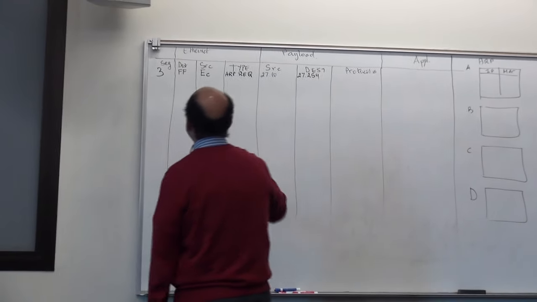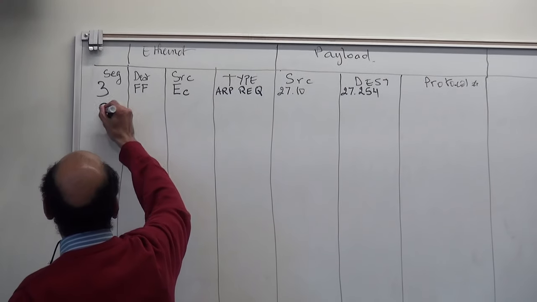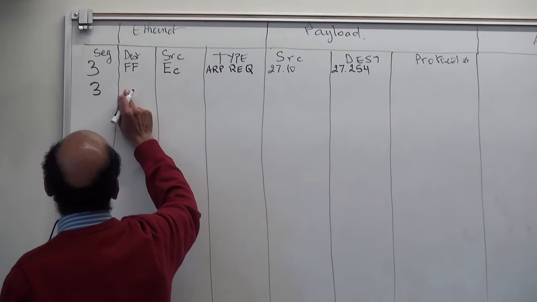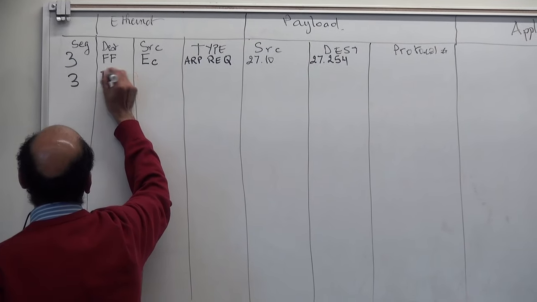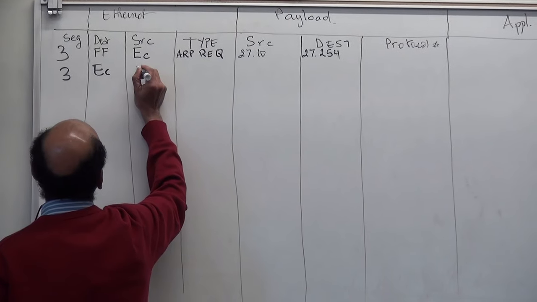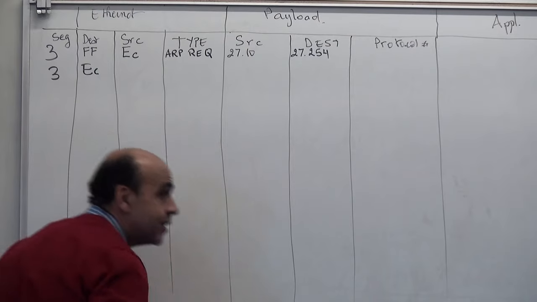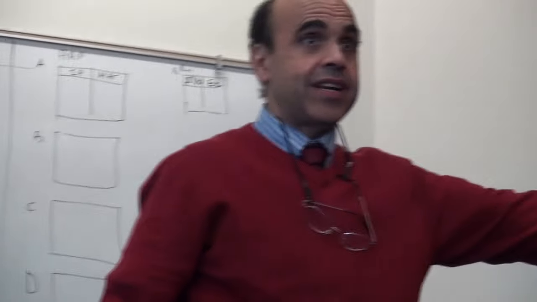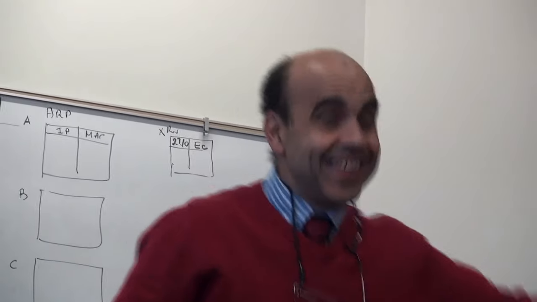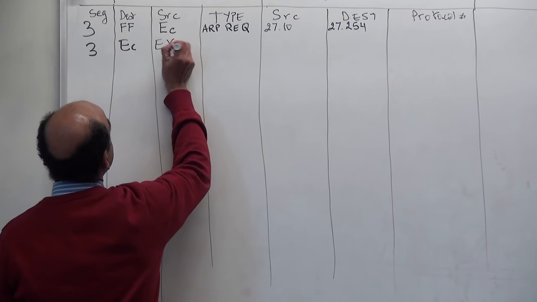So what will be appearing? On which segment will we have something appearing? 3. What is the destination? EC. Yeah, we are responding. Who is sending this? Oh, I'm sorry, he wanted to give me the IP address. Yeah, we have to use the MAC address: EX3.